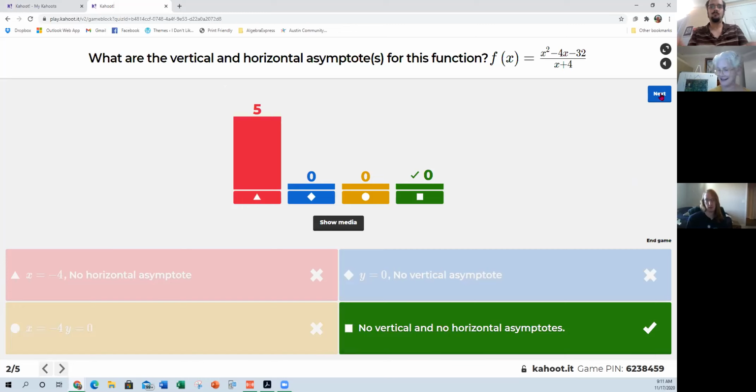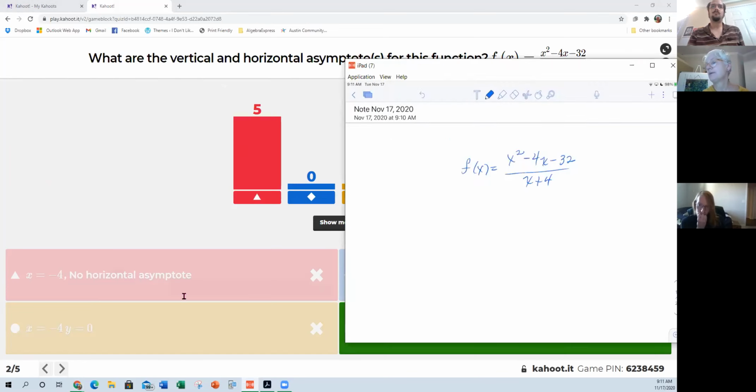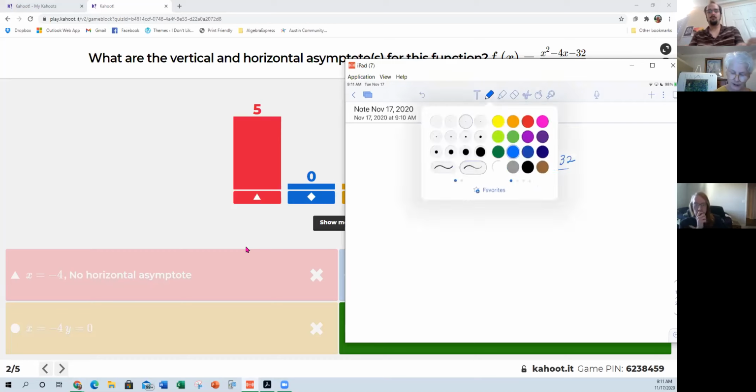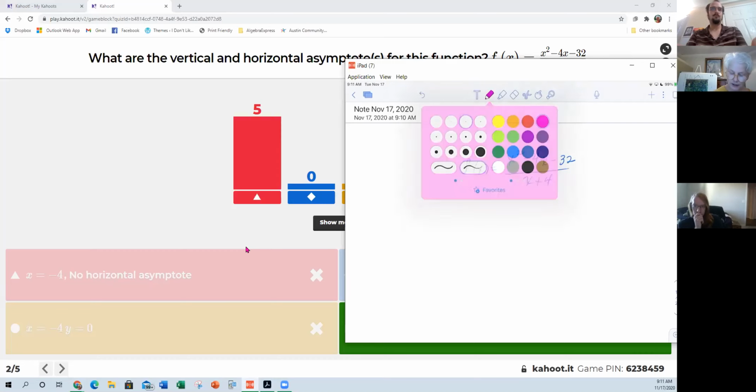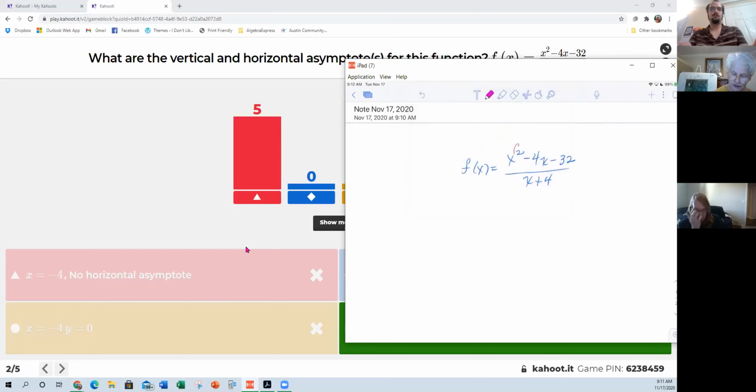Okay, so let's look at this. So good. I'm so happy all of y'all got the no horizontal. This maybe was a little tricky, but you saw that there was no horizontal asymptote because the degree in the numerator is larger than the degree in the denominator. The numerator will factor to be x minus 8 times x plus 4 over x plus 4.